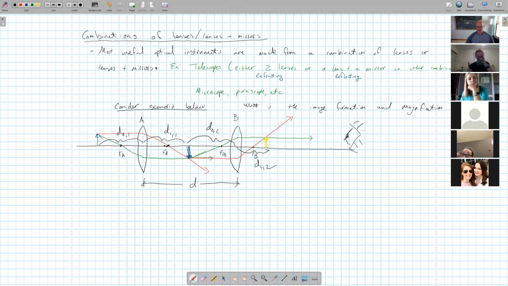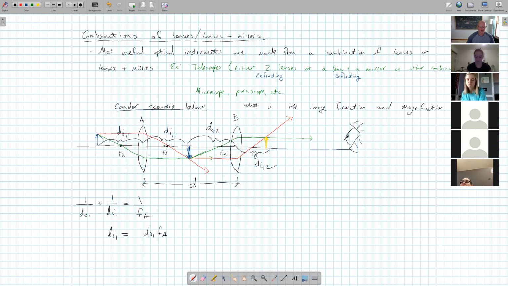This means that for lens 1, which has focal length FA, we say 1 over the object distance 1 plus 1 over the image distance 1 is equal to 1 over the focal length of lens A. As long as this is a converging lens, the image distance 1 is equal to the object distance 1 times the focal length of A divided by object distance 1 minus focal length of A.